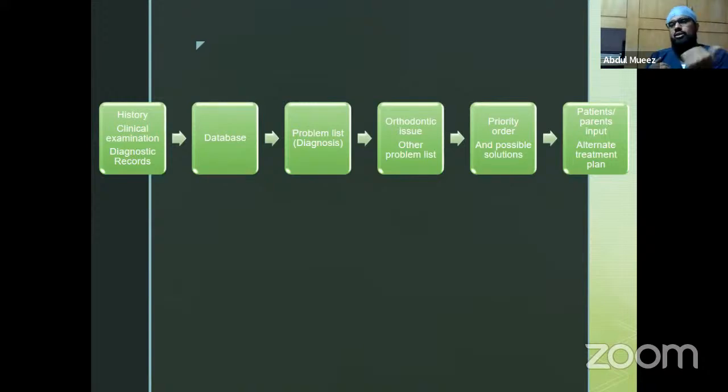So based on all this, you have to have a database where you record it: this patient has come with so and so problem, and this is what we have found. Based on the database, you need to identify the problem list. Probably in the problem list, the first thing is that the patient has come with, as I was saying, the midline diastema. Then 3-6 and 4-6 require a DCPI, dental caries with periodontal involvement.